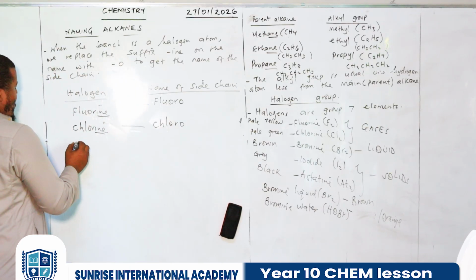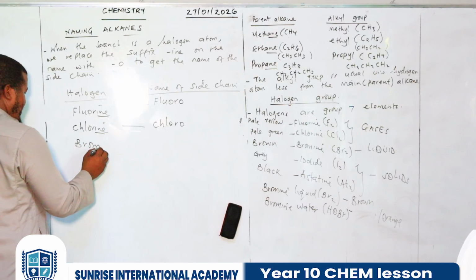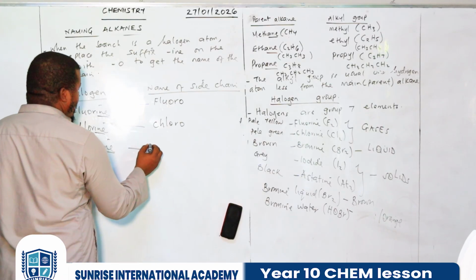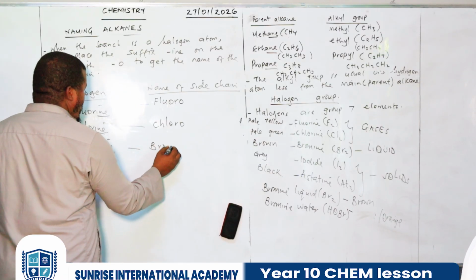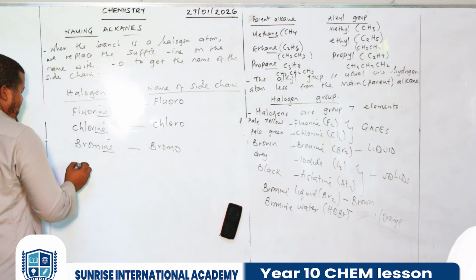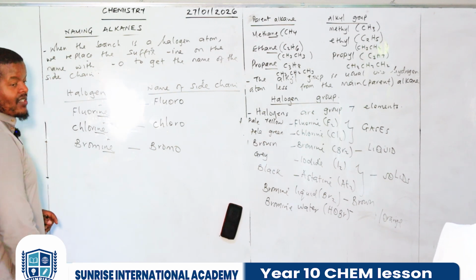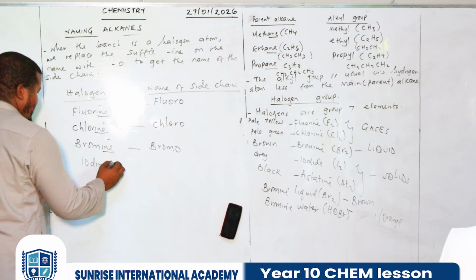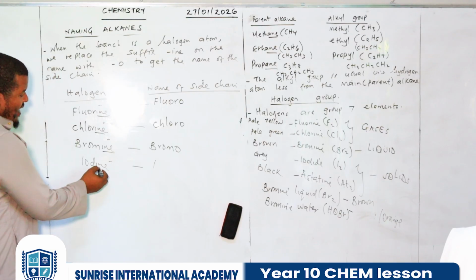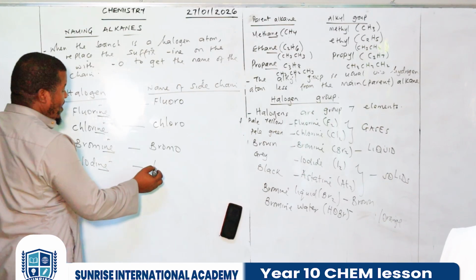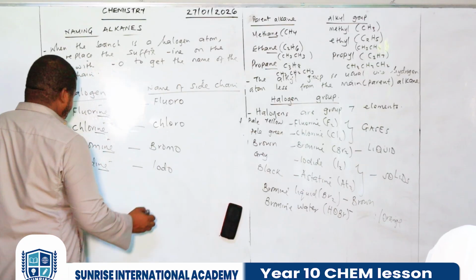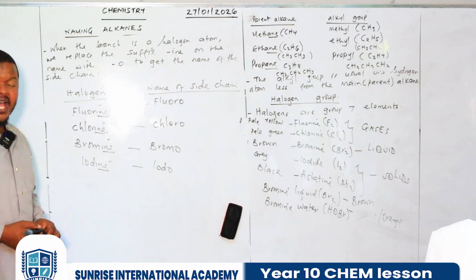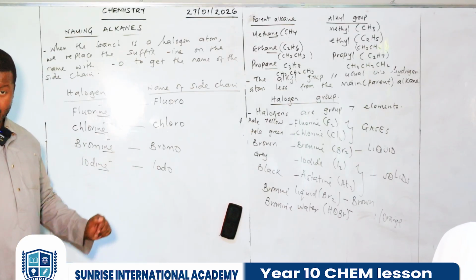Bromine. Remove the INE, add O. You're going to have bromo. And so on and so forth. If you have iodine, you remove the INE, you add O, we are going to have iodo. Astatine, astato. So that is how we name the side chain.